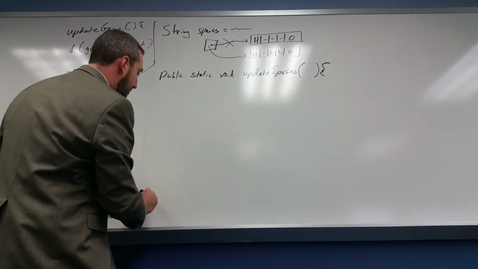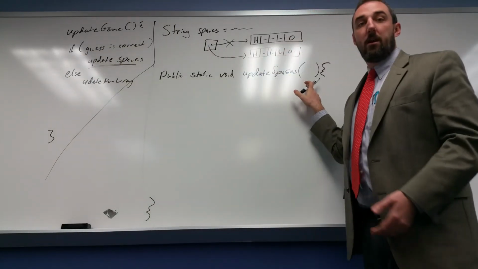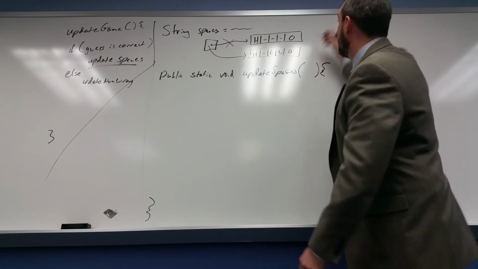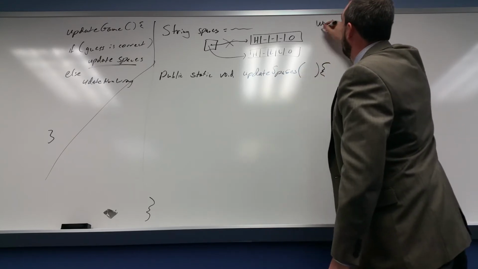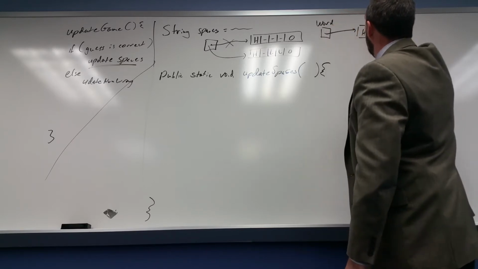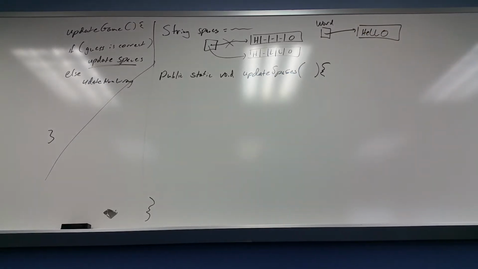Now, this might be different for you. In order to update the spaces, I need a couple pieces of information. I need to know the word. That's pretty important. So in this case, the word is hello. Actually, I don't know if you can see that. Let me peek. Yep, that's good. All right, so the word is hello.